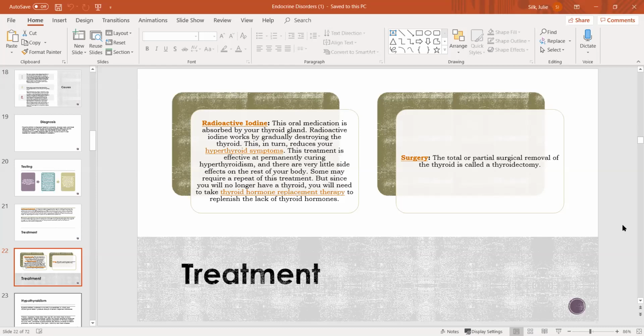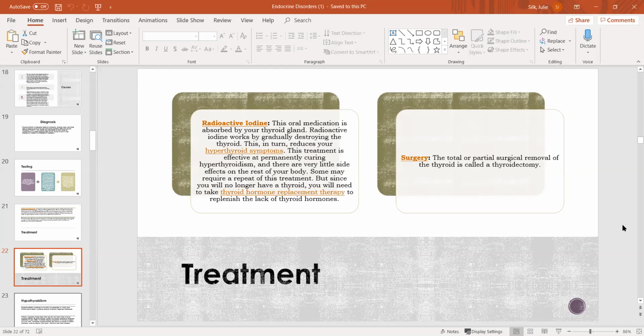Okay, so the other thing that they can do for treatment is surgery. So the surgery would be a thyroidectomy. Again, sometimes they'll have you take certain medicine to help shrink everything up so it's easier to remove. In your ATI book, it mentions something called Lugol's solution as well.